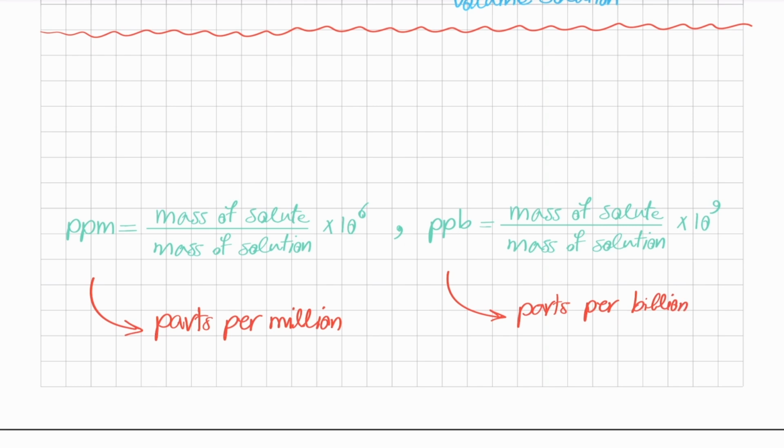As you take a closer look at the definition for PPM, we have mass of the solute divided by the mass of the solution times 10 to the power of 6, which means million. As for PPB, we have the mass of the solute divided by the mass of the solution times 10 to the power of 9, which means billion. That's fine. Now, let's waste no more time and head to the examples section.